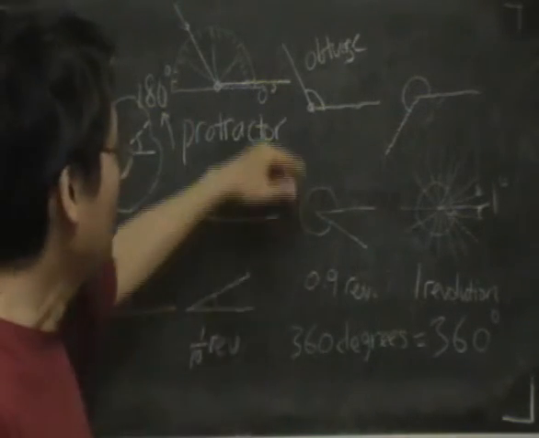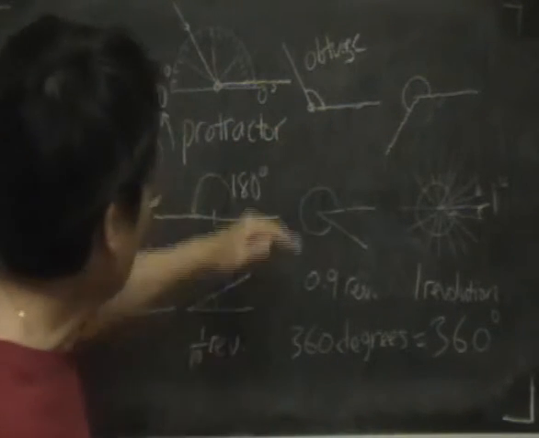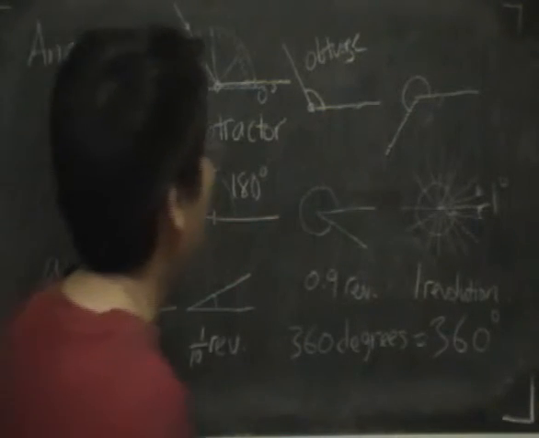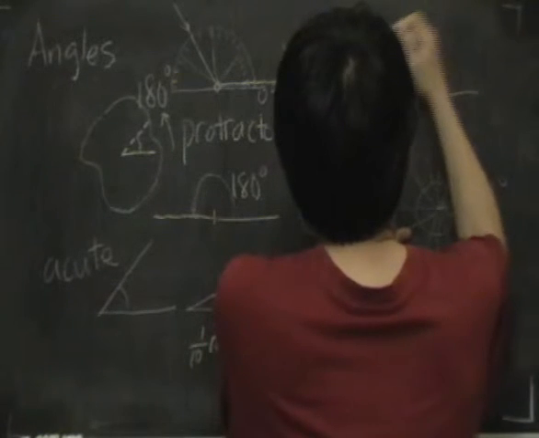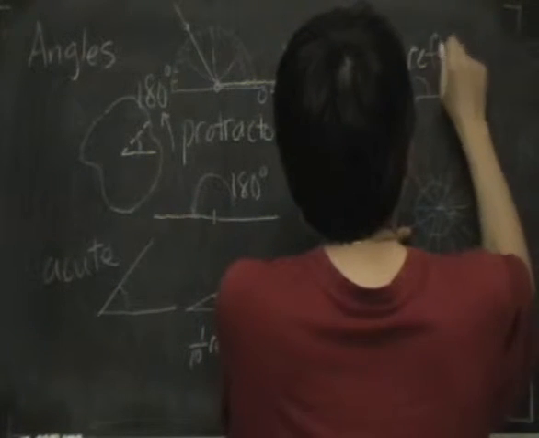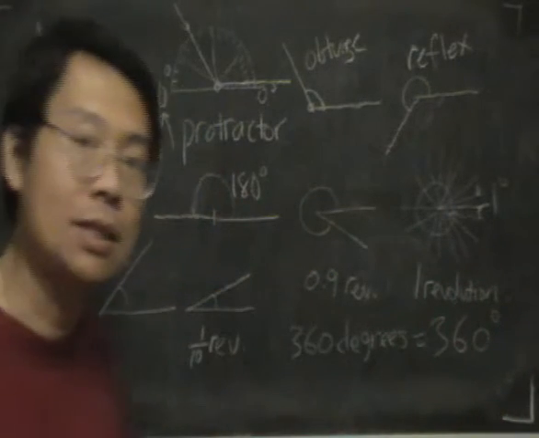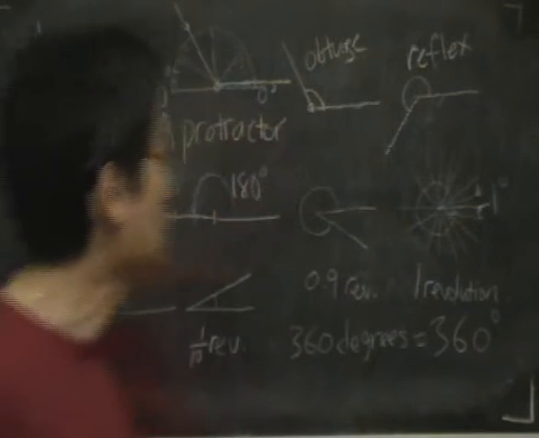It's as if the two lines making up the angle become straight, and then it sort of bends upwards. And we call this a reflex angle. And that would be a reflex angle as well. And then this is just one full revolution.